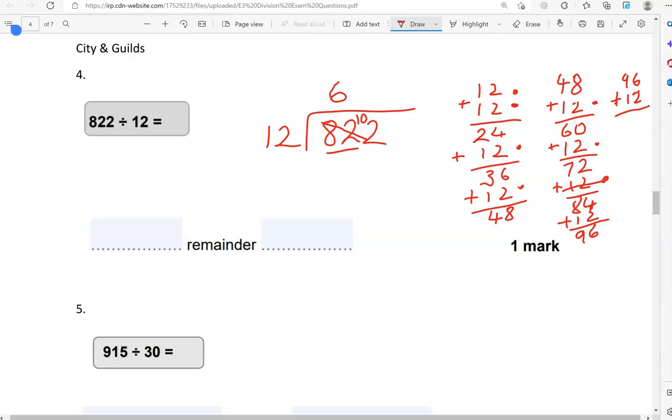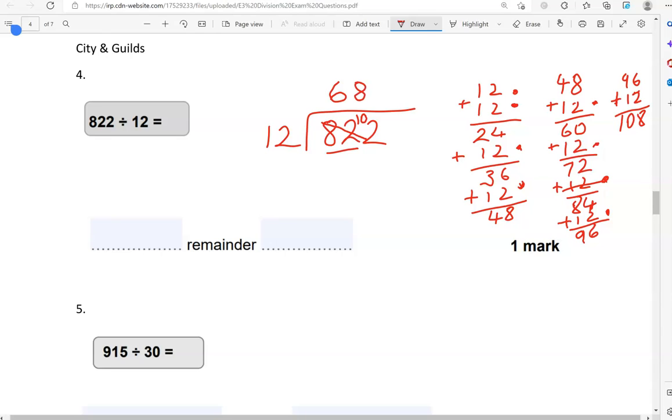That is 108, which is higher than 102. So that means I've got to stop or go back a step. So 96, and that was 8 lots of 12.